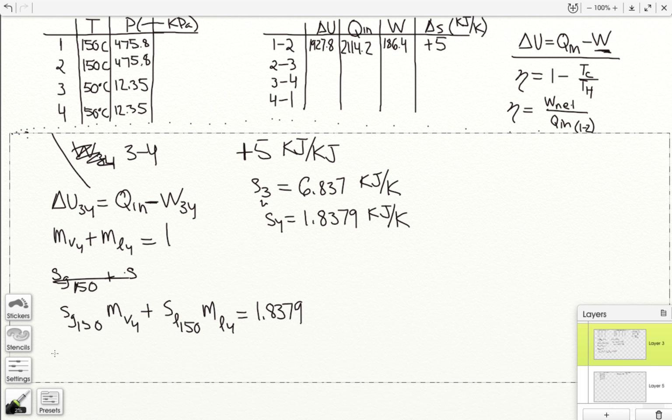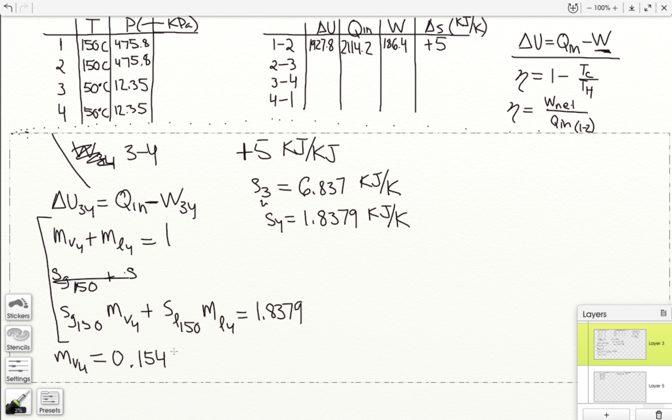Again, I'm going to solve using this system of 2 equations and 2 unknowns. I'm going to get that the mass of the vapor at 4 is now only 1.154 kilograms, but now the mass of my liquid has gone up to 0.846 kilograms.